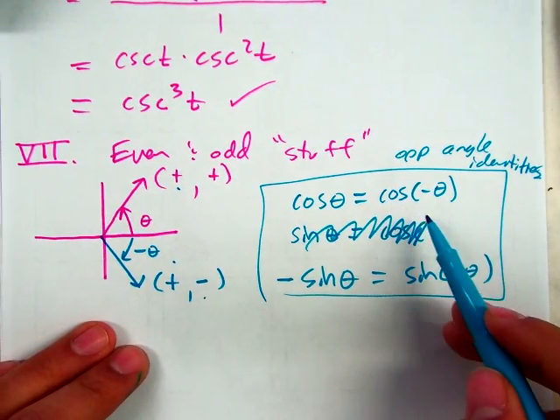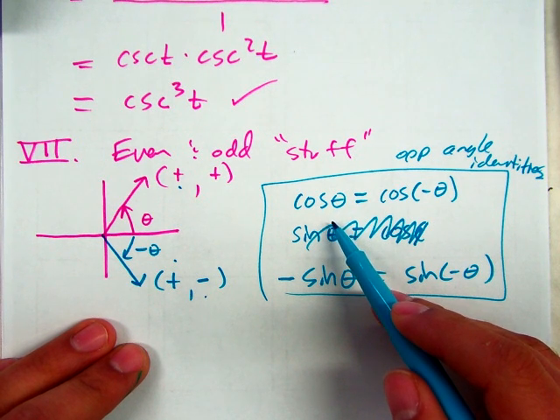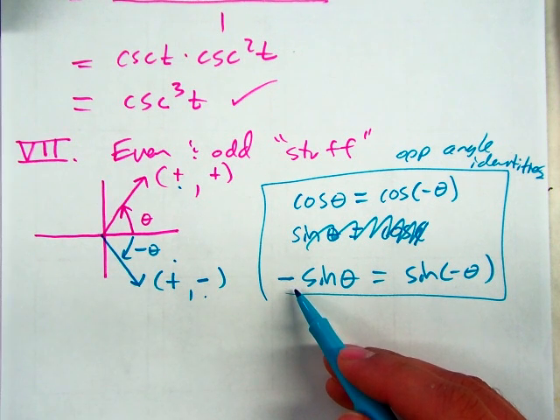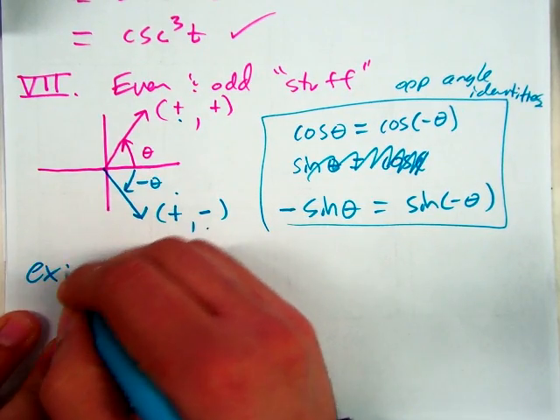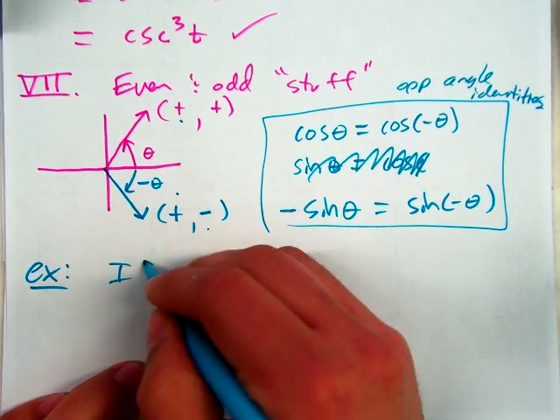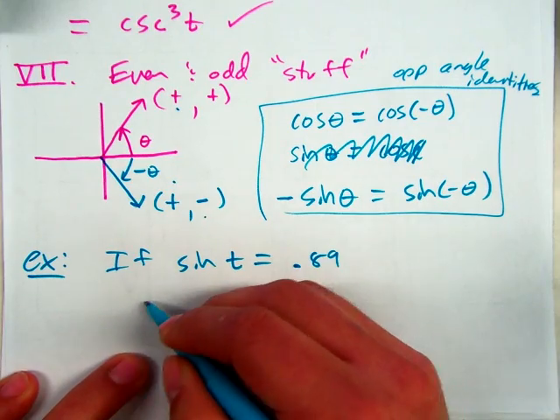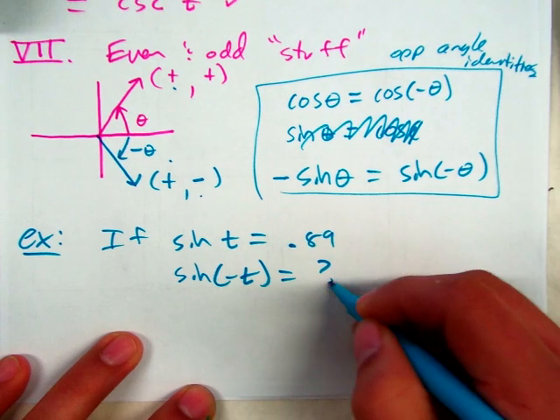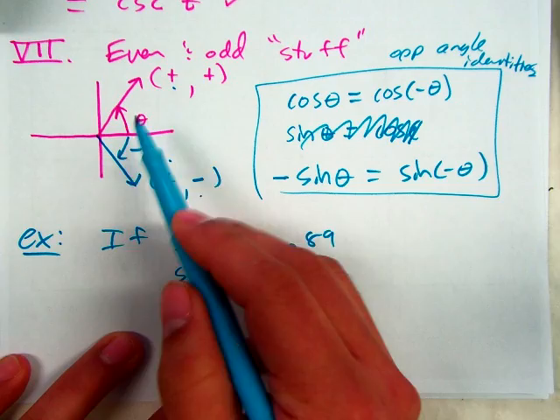All you need to know then is that the cosine of an opposite angle is just equal to the cosine of its regular angle. The sine of a negative angle is equal to the opposite of the sine of the original angle. So if I tell you that the sine of t is equal to 0.89, and I ask you what's sine of negative t, you could just think of this picture or think of these rules.